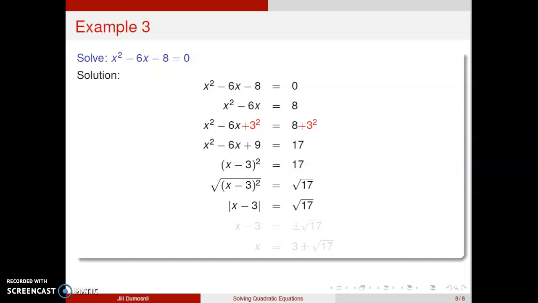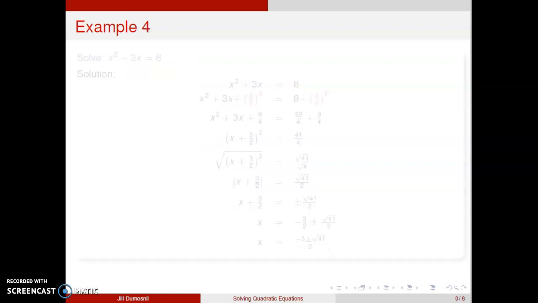The square root of a perfect square yields an absolute value, and removing the absolute value produces the plus or minus. Finally, adding 3 to both sides yields x equals 3 plus or minus root 17 as the solutions to the equation.